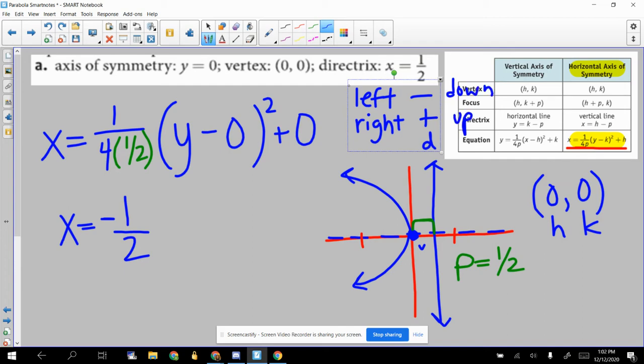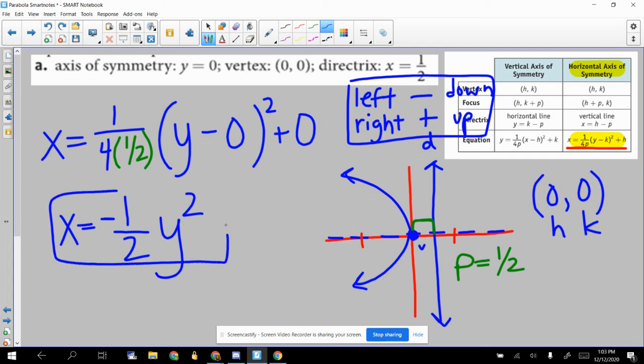Okay, so that's huge, important information there. Okay, so far we have -1/2, and then if we wanted to, we really don't need to include the minus 0 plus 0, so we could just write this as -1/2 y squared, and this could be your final answer. Okay, so x equals negative 1/2 y squared. Or you could leave the minus 0 and the plus 0 there if you'd like to.